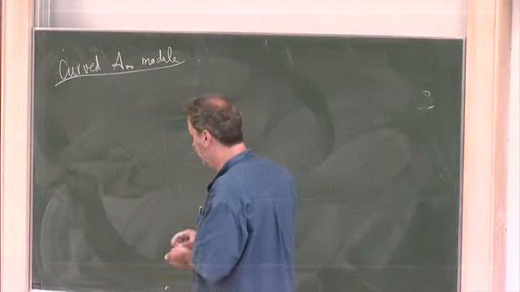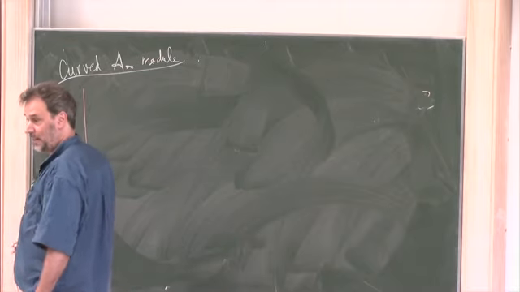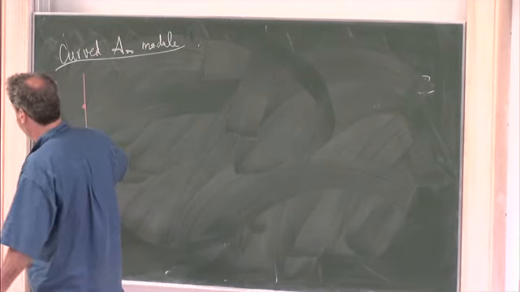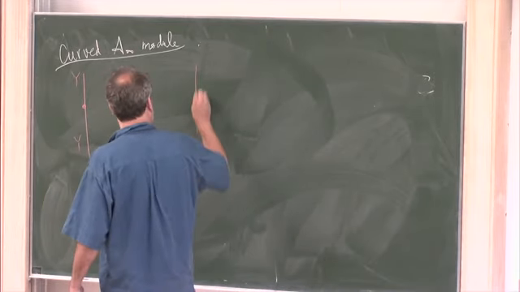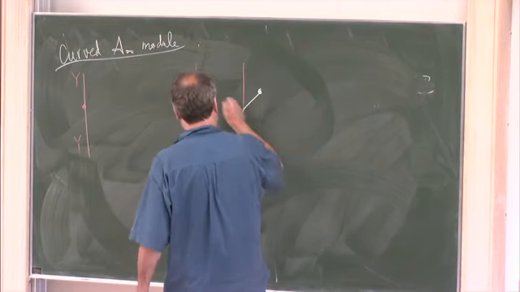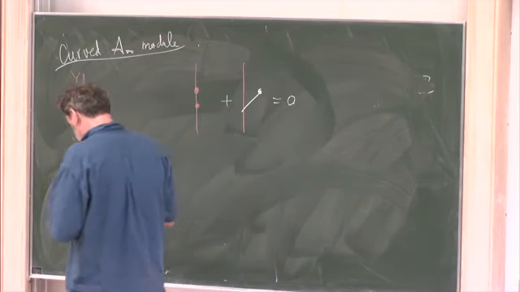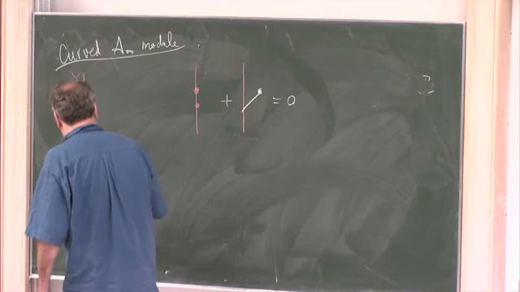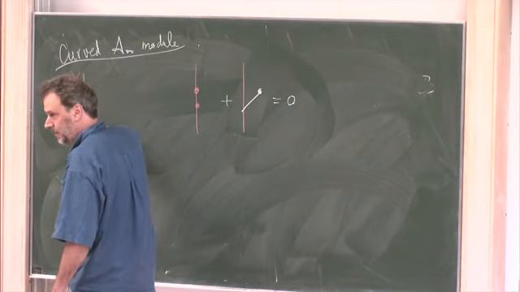A curved A-infinity module is an almost chain complex. It's a vector space Y equipped with a differential, except it's not quite a differential because the square of the differential is multiplication by the curvature. This differential is called M1.